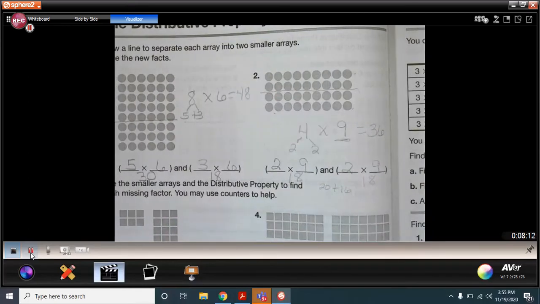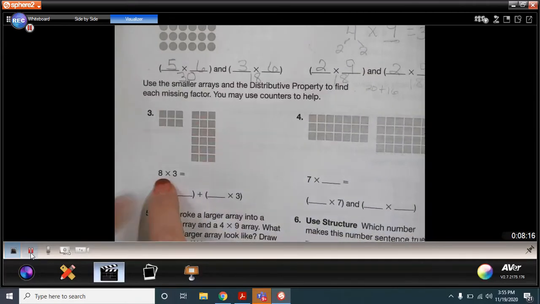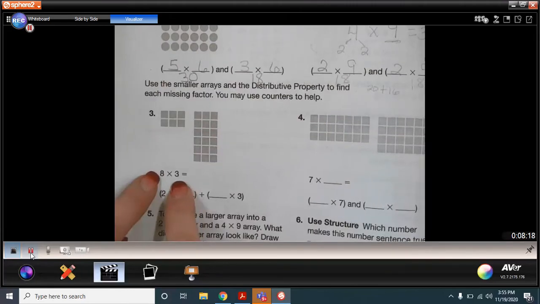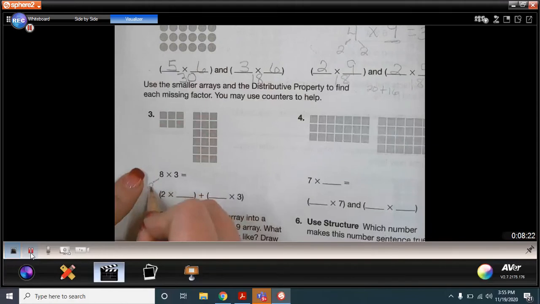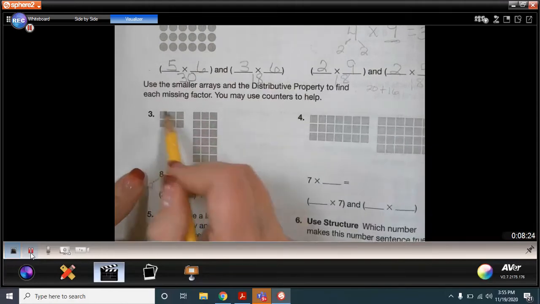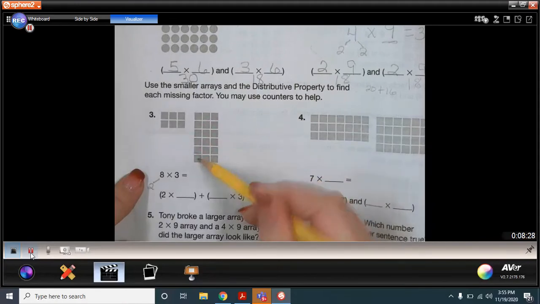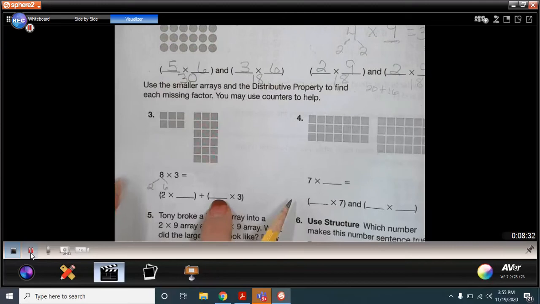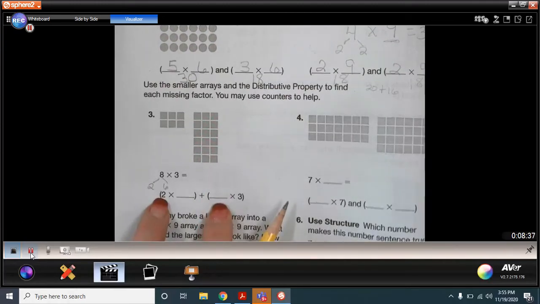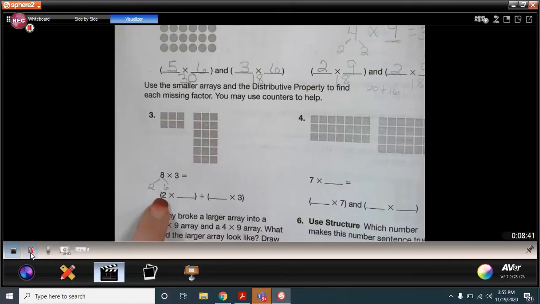Okay? Now, the next part tells me I have 8 rows with 3 in each row. So the way they took this 8 apart was 2 rows right here, and 6 rows. They've already given me my first factor here. Now I need to figure out what that first factor is going to be for this piece right there.